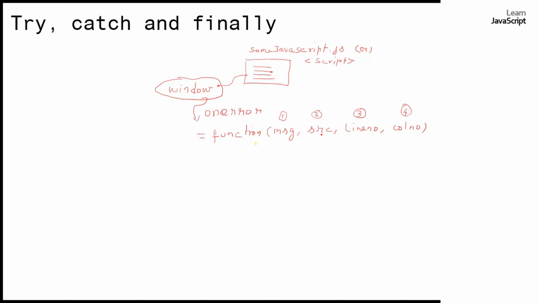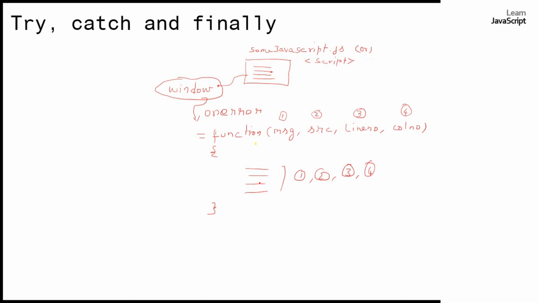We are assigning some parameter names for this sequence. It can be msg or message, whatever you like to name it. Then inside the function, you can use these parameters to report the error.